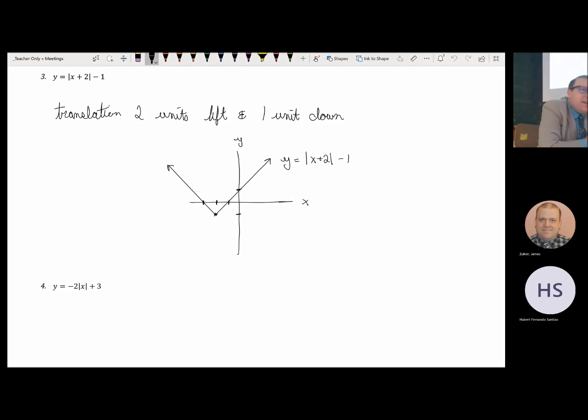-2 times the absolute value of x plus 3. We have 3 transformations here.